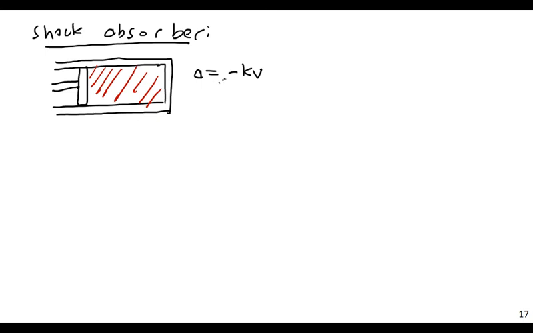All we need to know is that this thing starts with velocity v0.